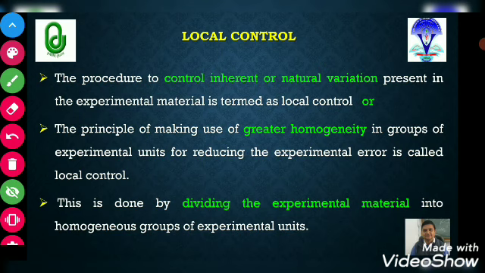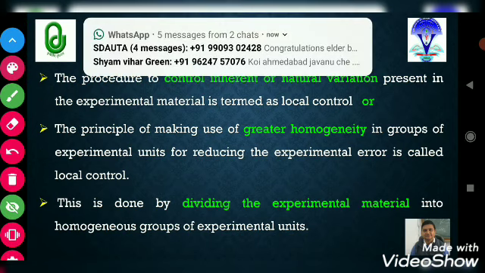When we apply local control, we will discuss in the next few classes. When it is necessary, I will tell you that in this condition local control is applied, and in another condition only these two. But the first two principles, replication and randomization, are applied universally in each and every design of experiment.